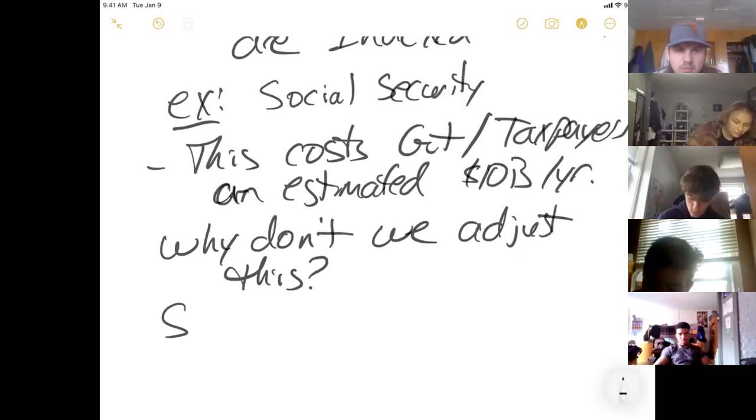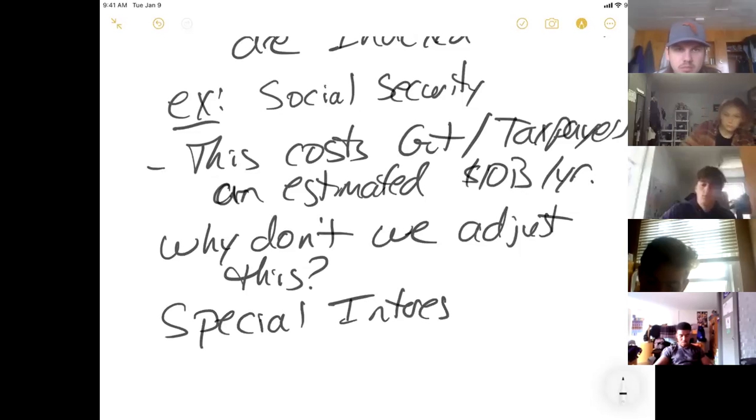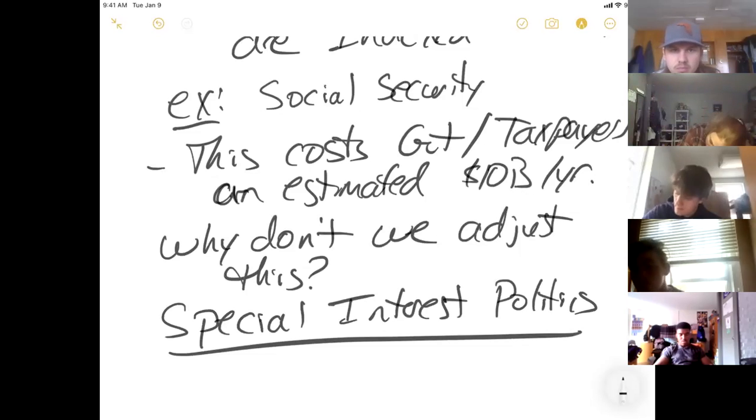This is another example of special interest politics. The AARP will go ballistic, right? All the grandmas will go ballistic over this.